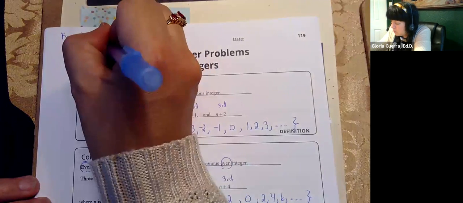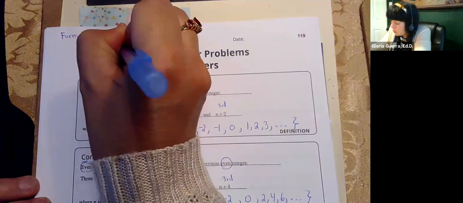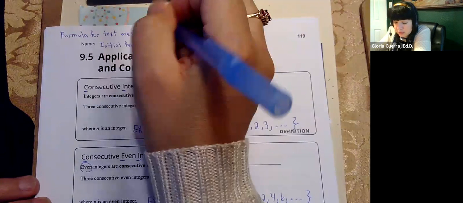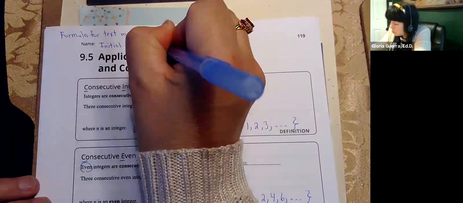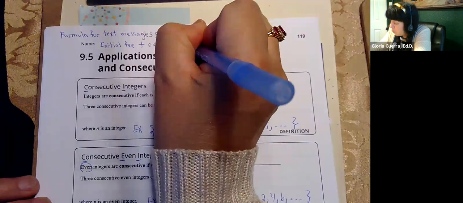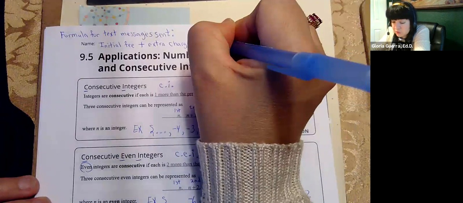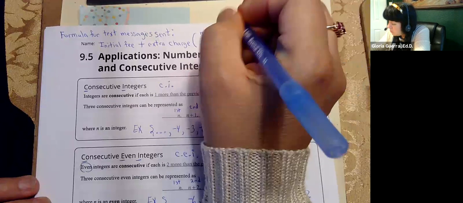The initial fee that's charged for the service, plus there's an extra charge because they go over their limit. And we're talking about monthly messages sent.